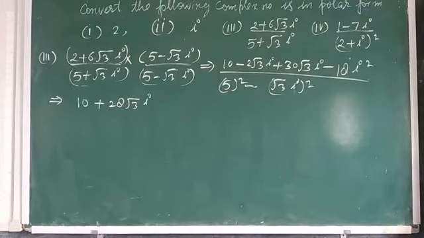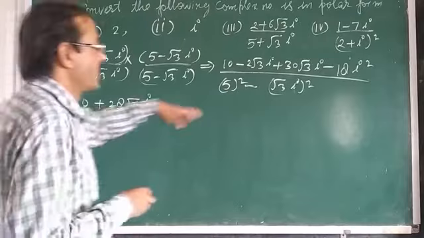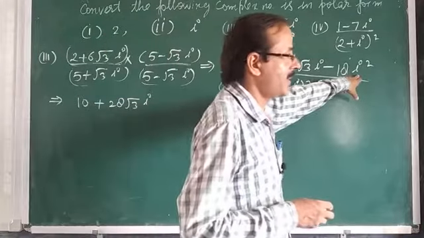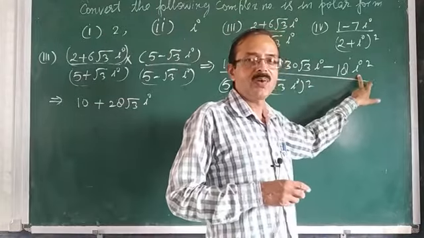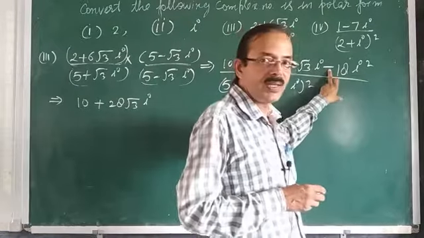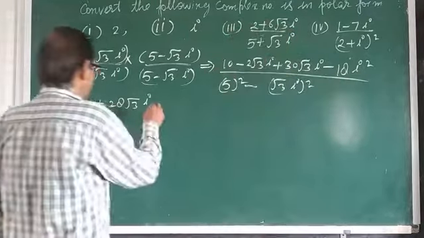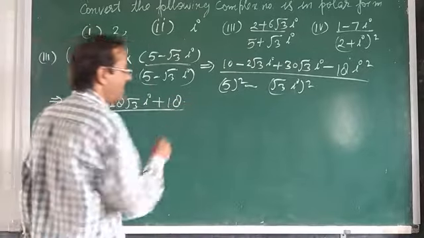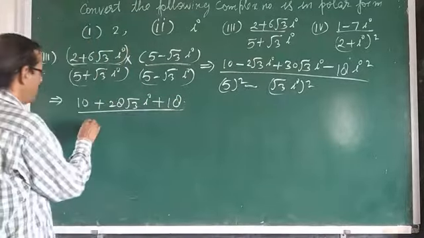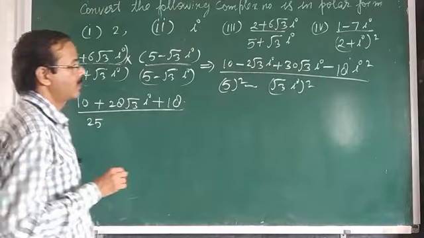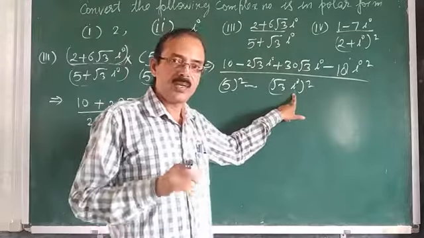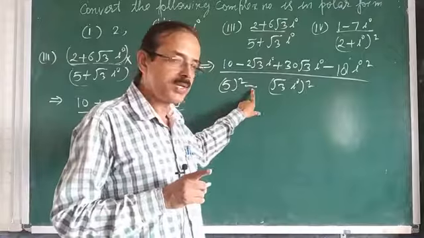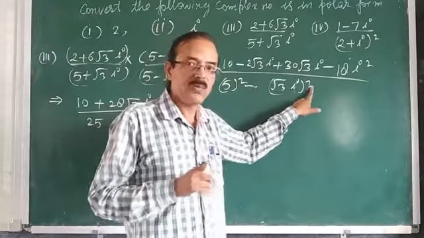So here, minus 18 iota square, we have to put the value minus 1. So minus minus became plus here. So write 18 overall upon 5 fives are 25. Look here, iota square is minus 1, minus minus plus, root 3 square will be 3.